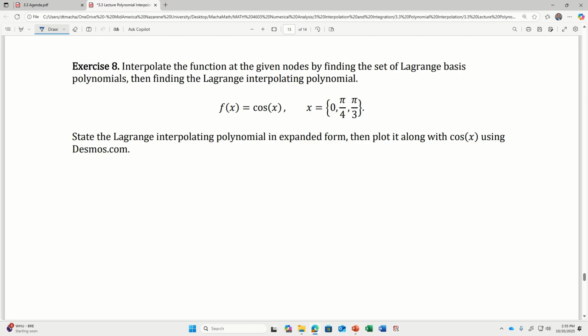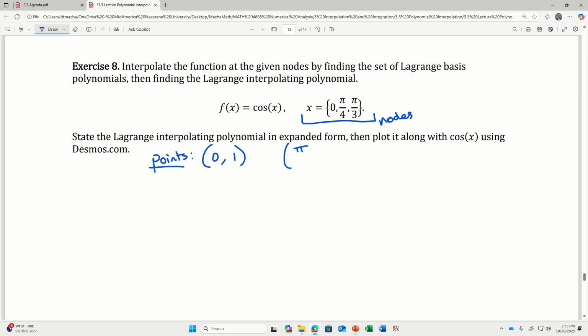Interpolate the function at the given nodes by finding the set of Lagrange basis polynomials, then finding the Lagrange interpolating polynomial. So this is the set of nodes. This is my function, the nice cosine function. So the points I'm going to interpolate at are 0 and what's cosine of 0? 1.